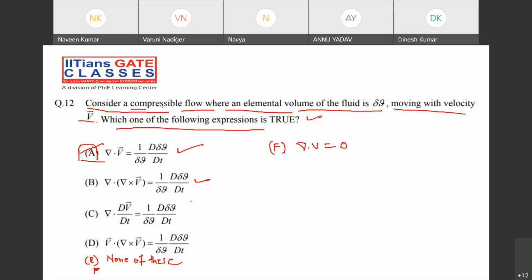I'm not changing anything else. I'm just making it an incompressible flow instead of a compressible flow. Now can you give me the answer?